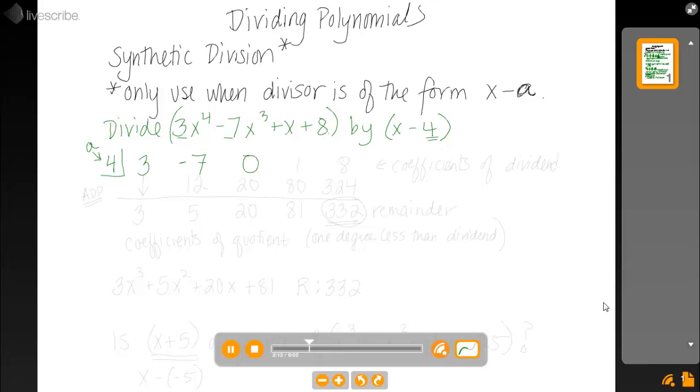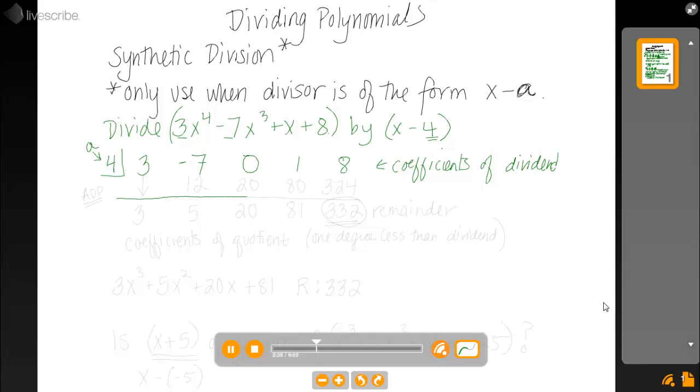We need a placeholder there. So that 0 is for 0x squared, plus 1x plus 8. These are the coefficients of our dividend. And again, that 0 is the placeholder for our quadratic term because its coefficient was 0. You could think of that as just a plus 0x squared in there.